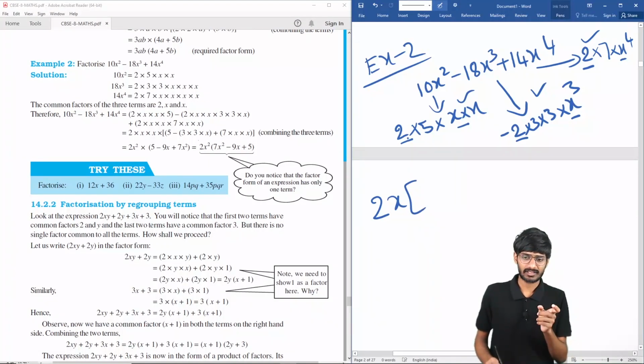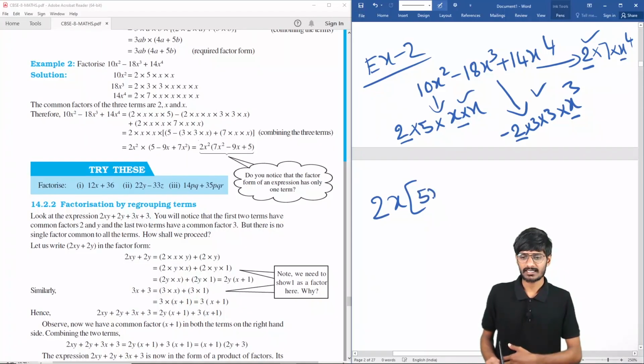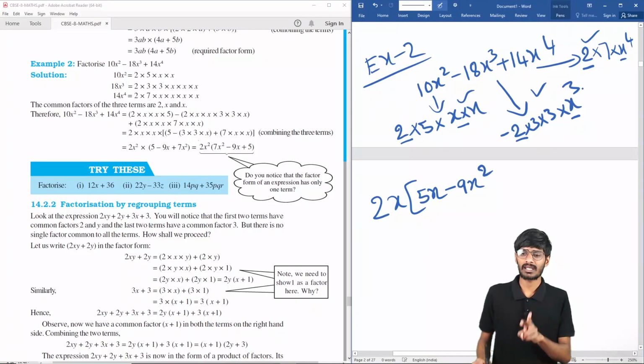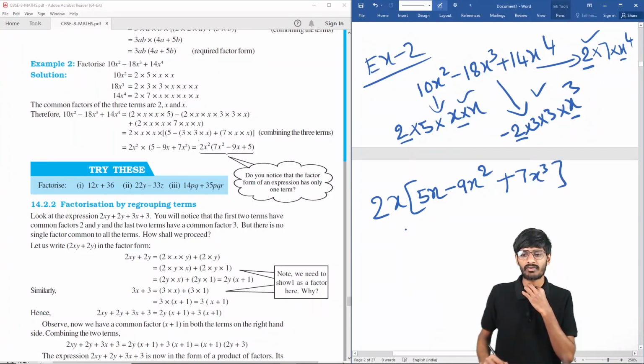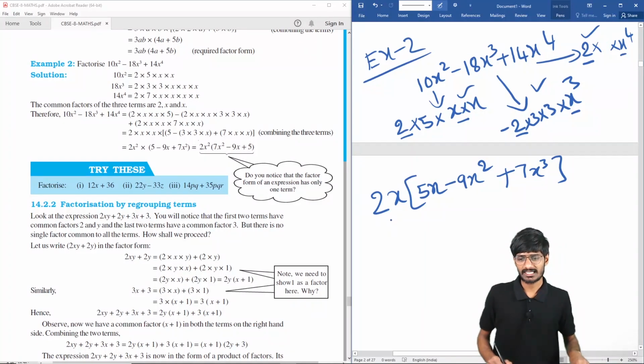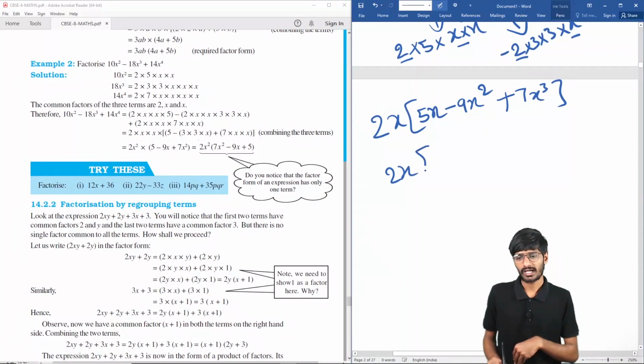What is left if you take out 2x as a common factor is 5x. Here there is a minus symbol, and 3 3s is 9, and since we have taken 1 x, the remaining is x square. Next, coming to this, here we are taking out this 2, there is a 7, and we have taken out the x, so there is x cube. This is the way of representing, students, and we can further write it in a good way, that is 7x cube minus 9x square plus 5x.